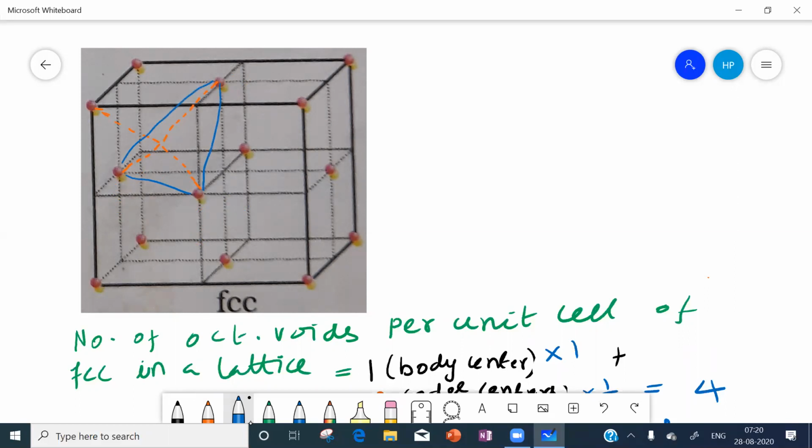You see that. Is it one triangle or not? Next we'll join this one and this one. Is it one triangle or not?